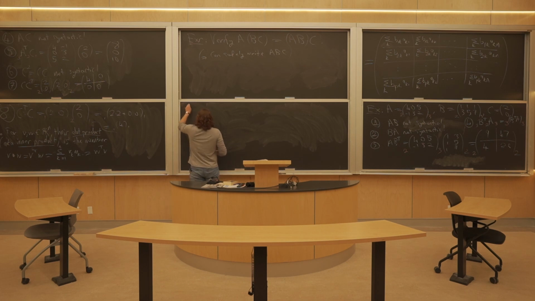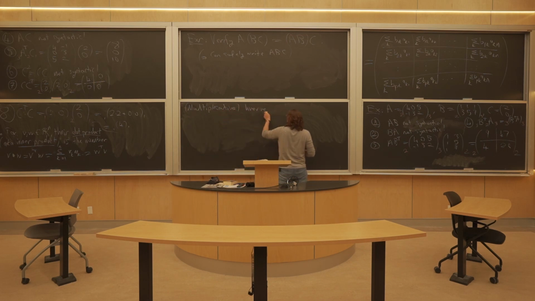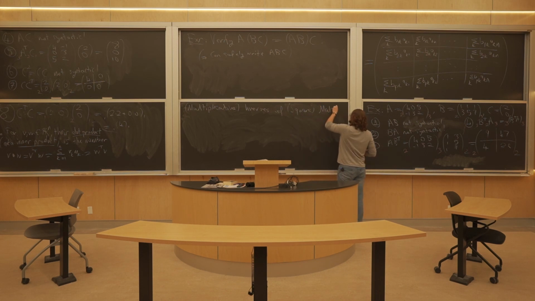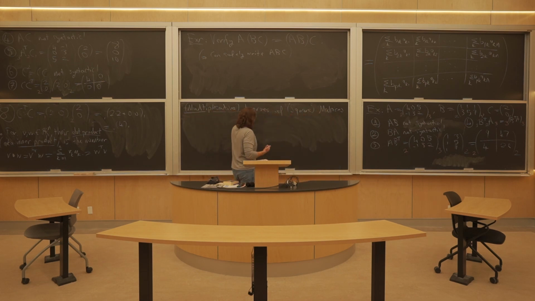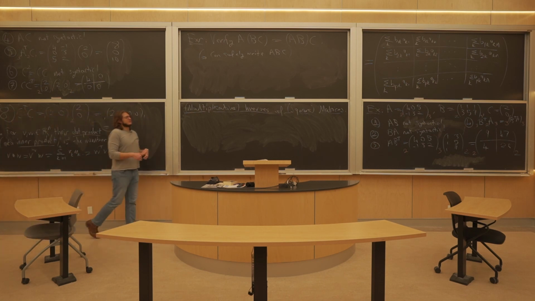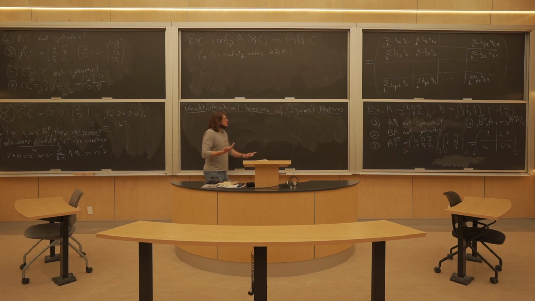Let's write multiplicative inverses of square matrices. So this multiplicative inverse is a much more limited concept in that it doesn't quite apply to every single matrix whatsoever. It applies to only those matrices whose inputs and output dimensions are the same. That is to say, it applies only to square matrices. Still, that is very important.